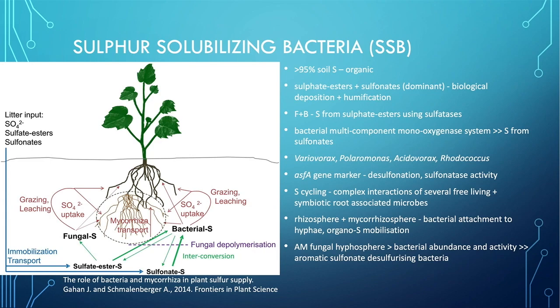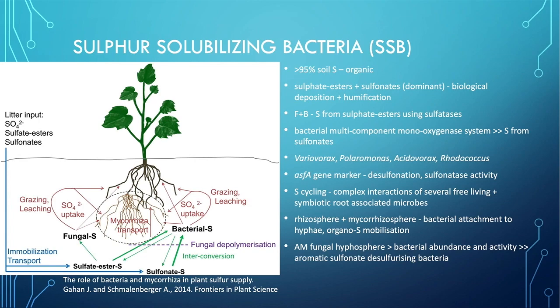Over 95% of soil sulfur is in an organic form, as sulfate esters and sulfonates. Sulfonates are the dominant form of sulfur, and these are biological deposition and humification products, so they're not available to plants. Fungi and bacteria are able to get sulfur from sulfate esters using sulfatase enzymes, and a bacterial multi-component monooxygenase system allows sulfur to be gained from sulfonates in bacteria.